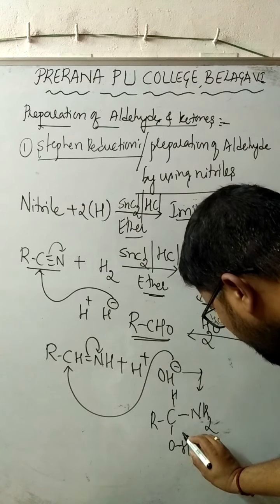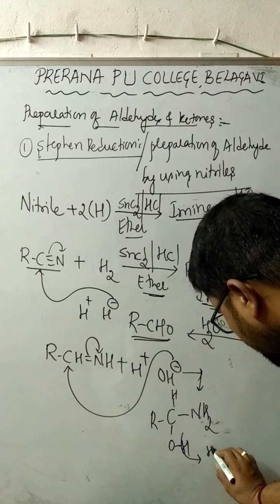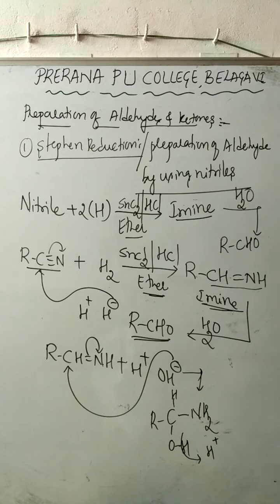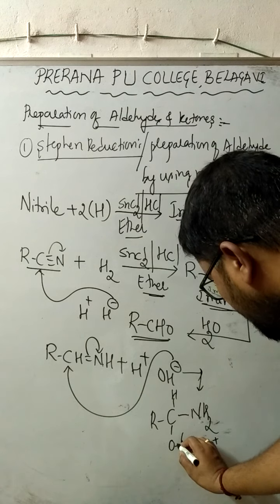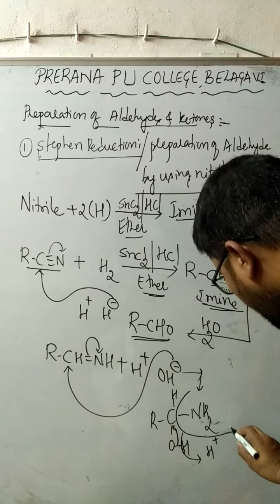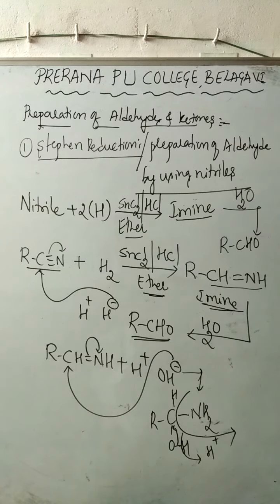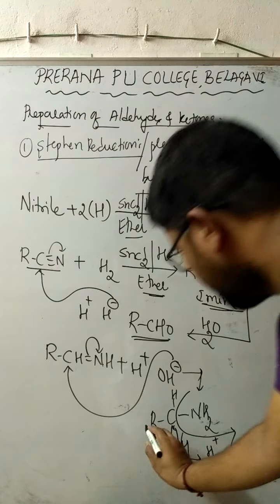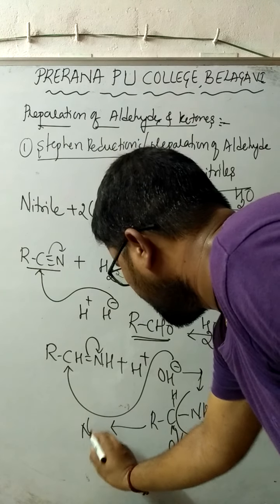Since oxygen is highly electronegative in nature, hydrogen is eliminated as a proton. Here oxygen is negatively charged now. When the electron shifts between carbon and oxygen, this amine group gets eliminated as NH2 minus, which takes away this H plus to give what? Ammonia.